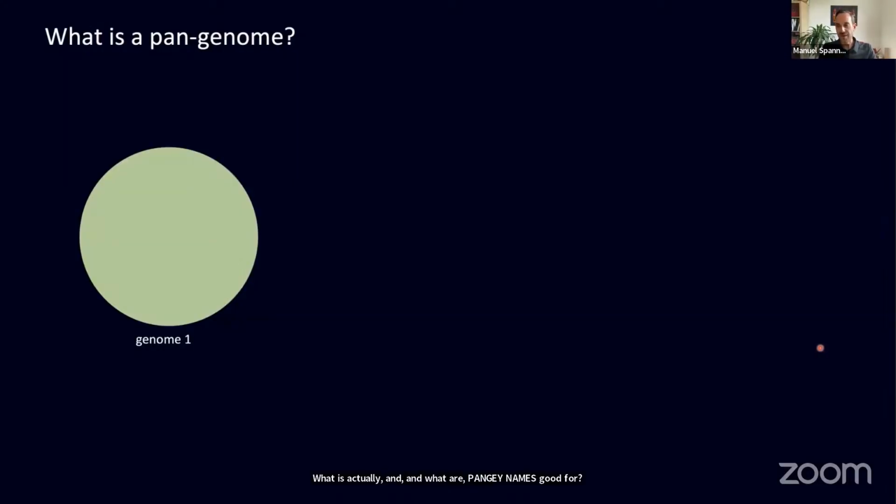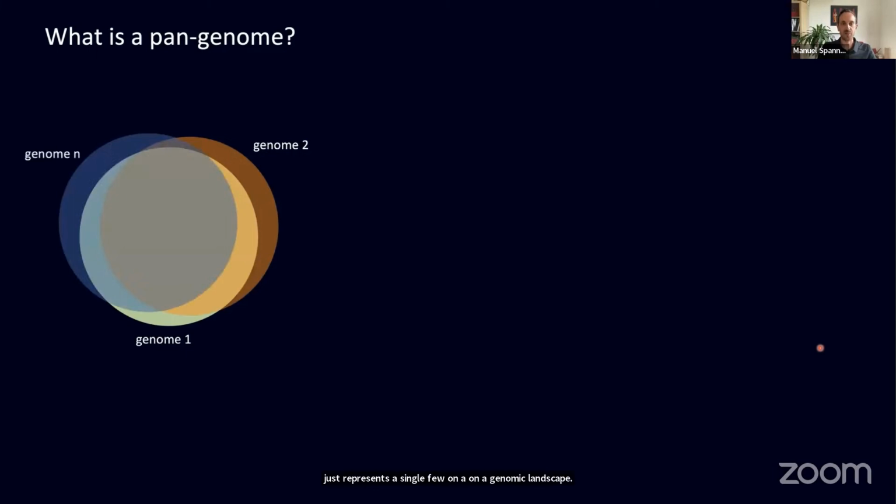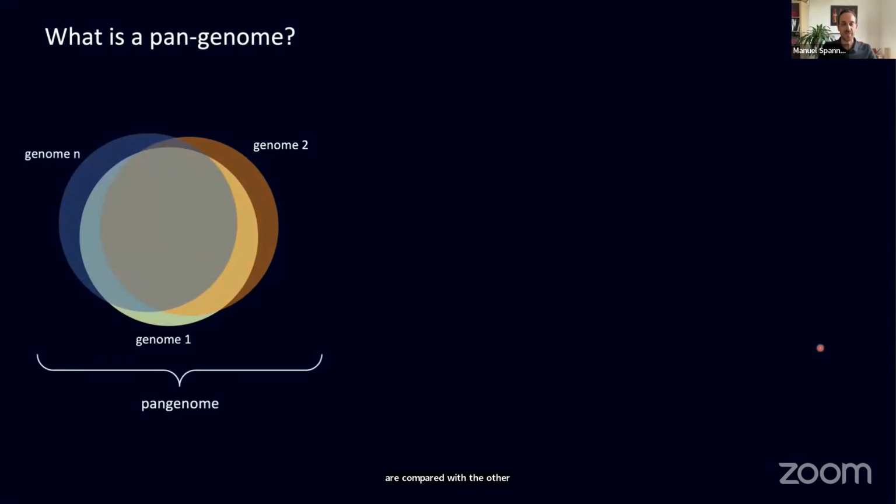So, well, one single reference genome is a big step for each community, but it's not enough. It just represents a single view on a genomic landscape. So additional genomes that come into play and that are compared with the other existing genomes make up a pan-genome.